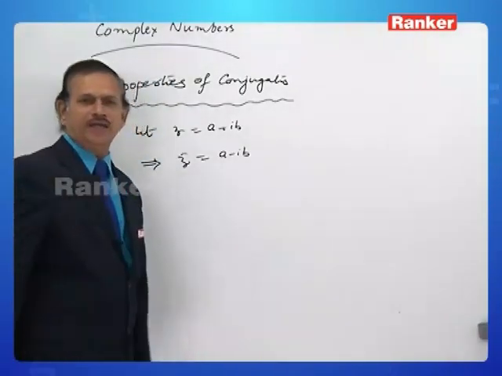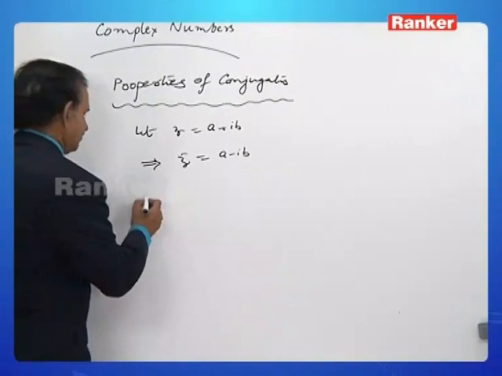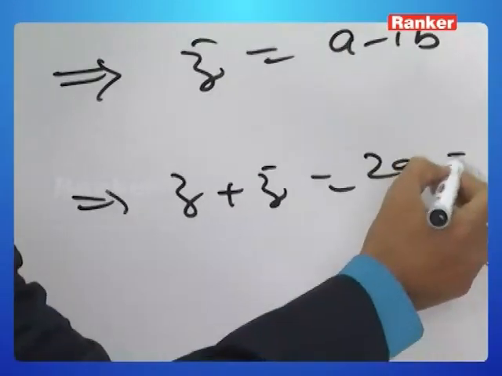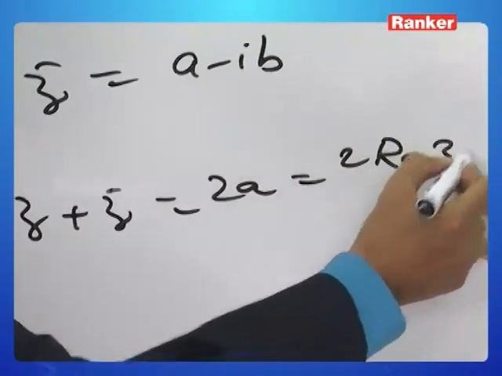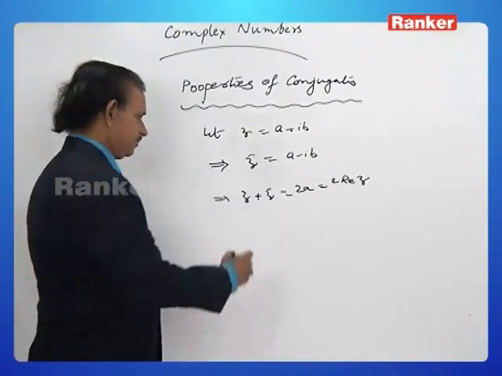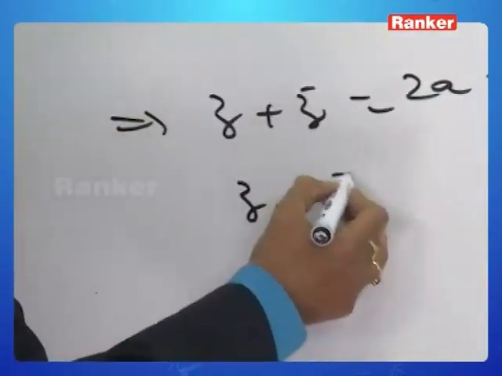What is z bar? A minus ib. What is z plus z bar? 2a, which is equal to 2 into the real part of z. What is z minus z bar?